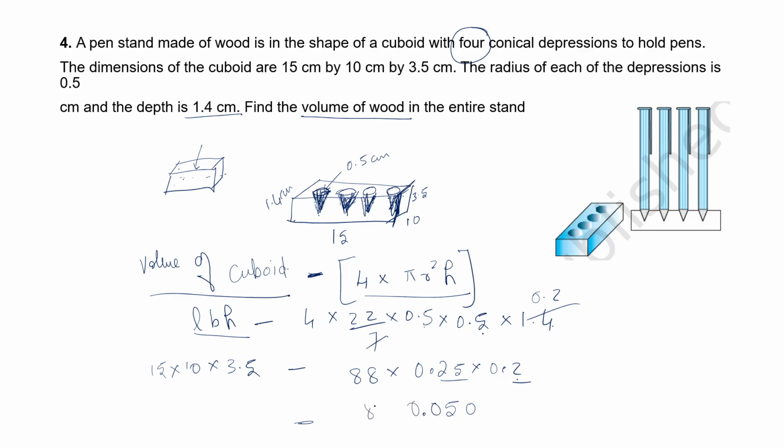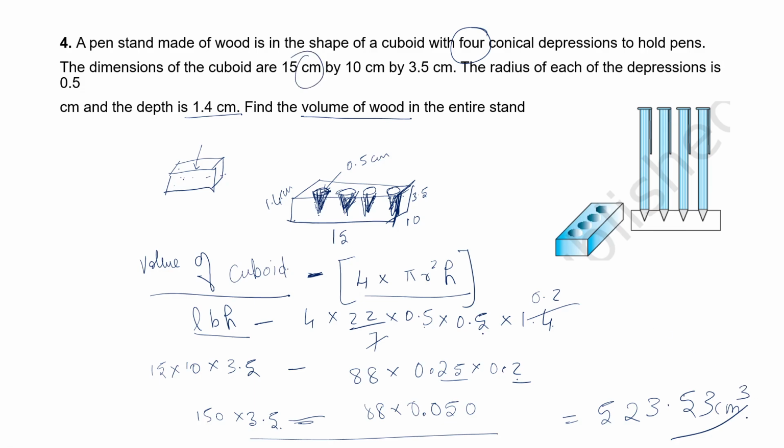Okay, 88 into this one, and here 150 into 3.5. If you multiply this, you can get the answer. Multiplication I hope you can do by yourself. So this answer is coming to 523.53 centimeter cube.